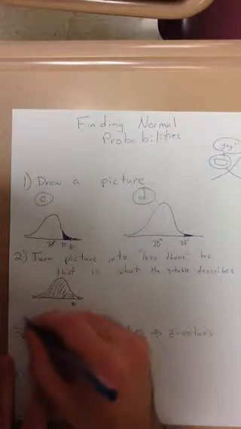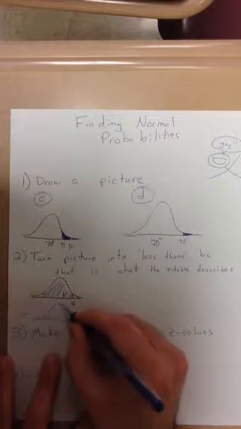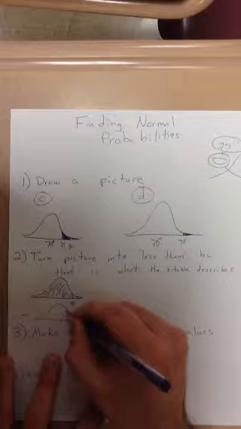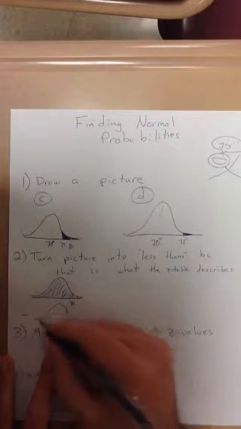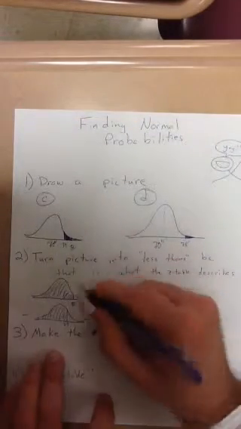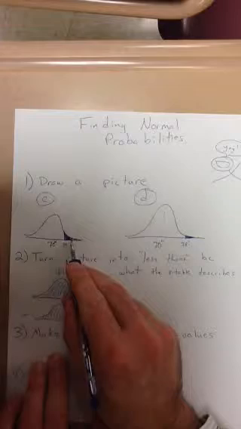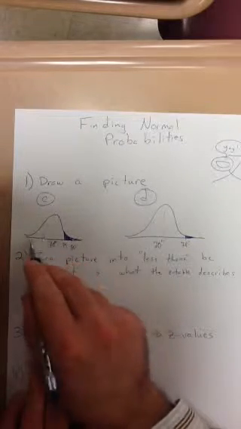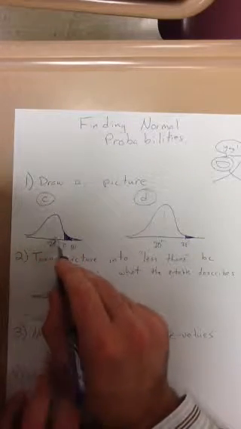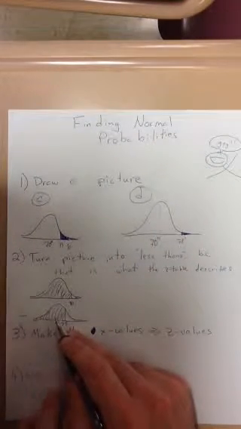Now we're going to subtract off 75. If you take all the area to the left of 80 in this original problem, you've overcounted this whole area to the left of 75. So that's why we take that and then subtract off that.